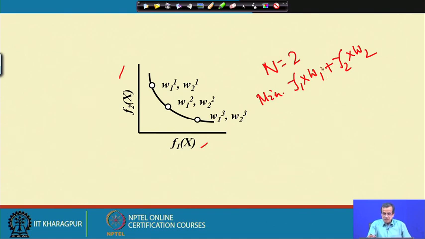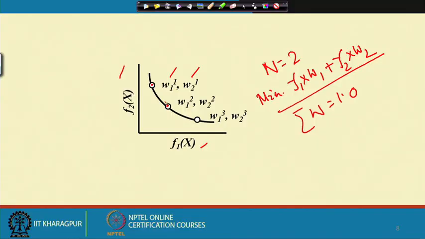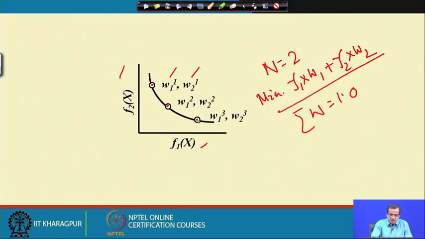Now, what we do is select one set of W values, that is W_1^1, W_2^1, and solve this as a single objective optimization problem. If you solve this as a single objective optimization problem, I will be getting a particular optimal solution. Now, if I change these W values to another set, and of course, the sum of W values should be equal to 1, there is a possibility I will be getting this as the optimal solution, and for another set of W values this as the optimal solution.